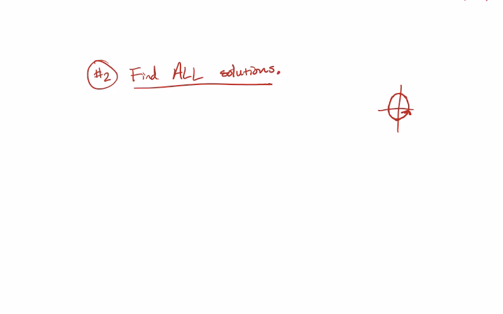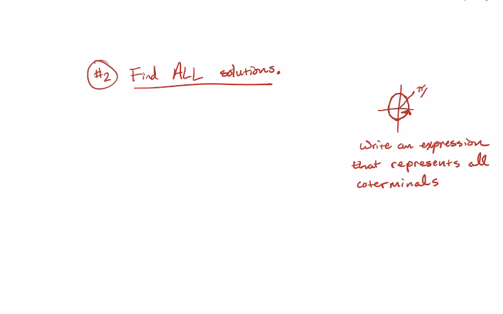So what we're going to do is write an expression that represents all the angles, and they're actually coterminal angles. And if you don't know what that means, say you have an angle that ends here at pi over 4.